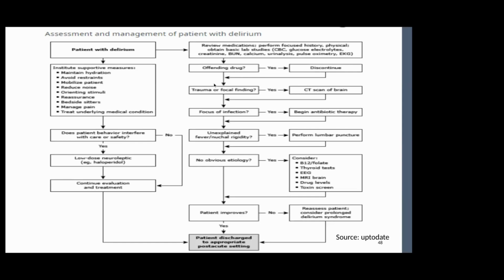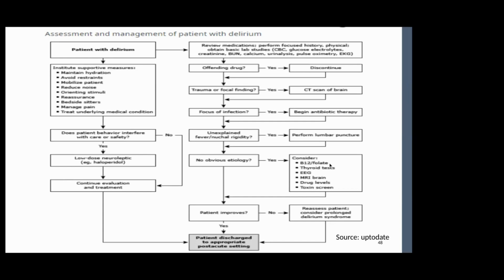If there is a trauma or if there is a focal finding, we might need to send a CT scan of the brain. If there is a focus of infection, we begin antibiotic therapy. If there is unexplained fever or nuchal rigidity, we might need to perform a lumbar puncture. If there is no obvious etiology, we might further need to evaluate the patient.